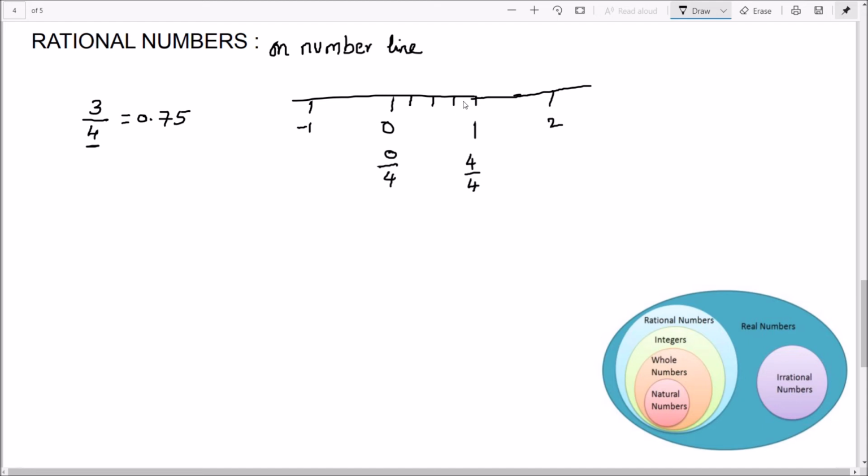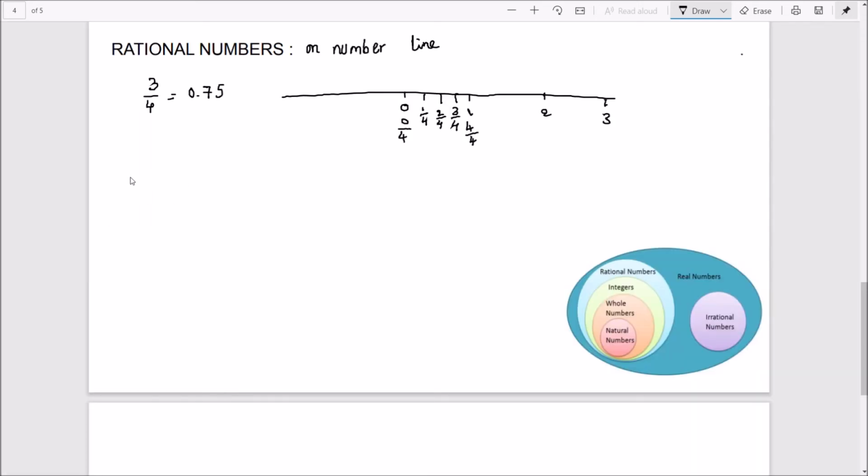That means I need to draw 3 lines. So the first one will be, after 0 by 4, 1 by 4, then 2 by 4 and 3 by 4. Now our required number 3 by 4 position we got.